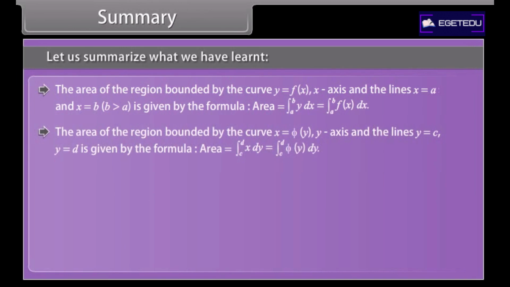The area of the region bound by the curve x is equal to phi of y, y-axis, and the lines y equals c, y equals d is given by the formula area is equal to integral from c to d of x with respect to y, which equals integral from c to d of phi of y with respect to y.